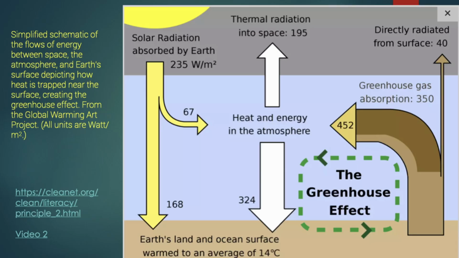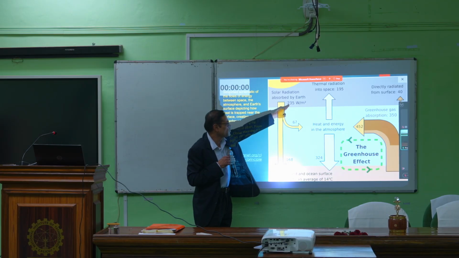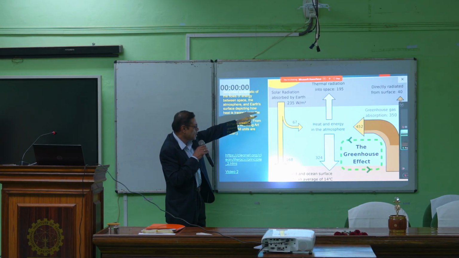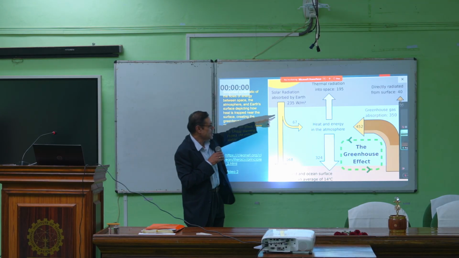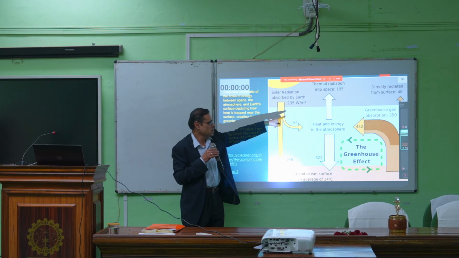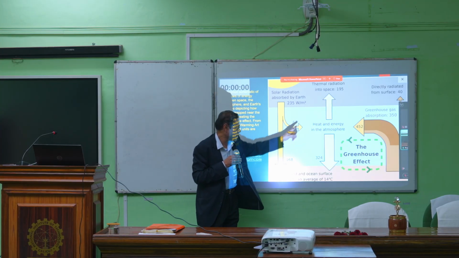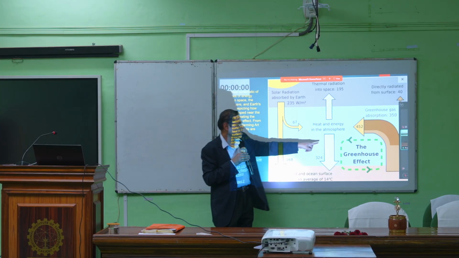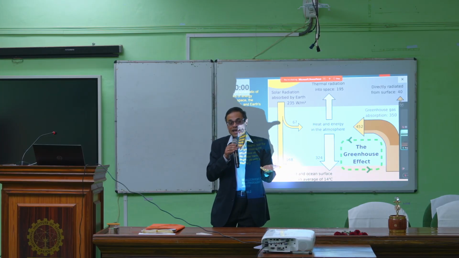And a more pronounced effect in this graphic that I'm showing here, they are partitioning these numbers. For example, this is a simplified schematic, the radiation, 235 watts per meter squared, that is coming in. But how much is getting scattered, getting absorbed, and then when they enter into the land, of course, it heats up the land on a daily basis, right?